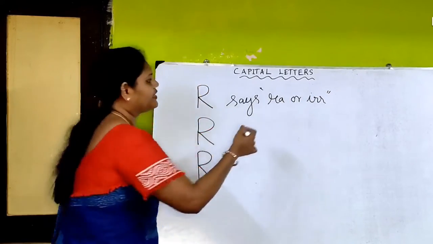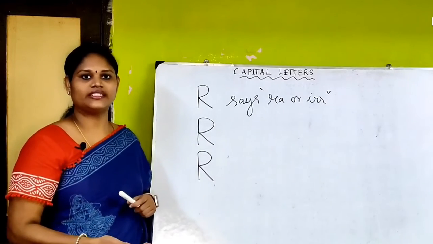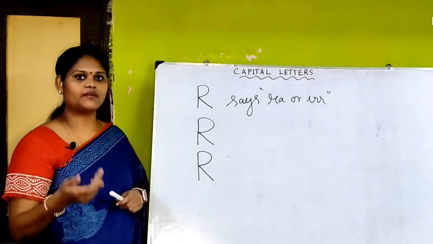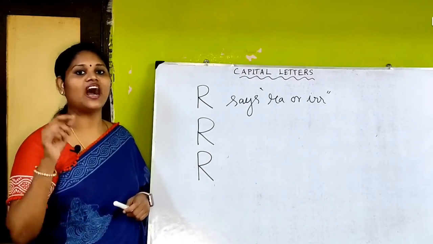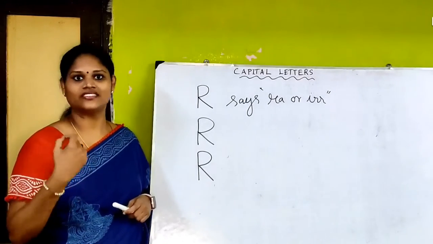This is the phonetic sound. Starting sound is ra and ending sound is r. You can make the child pronounce the letter r. He or she may realize the sound ir, right?